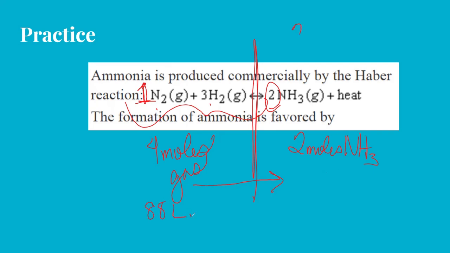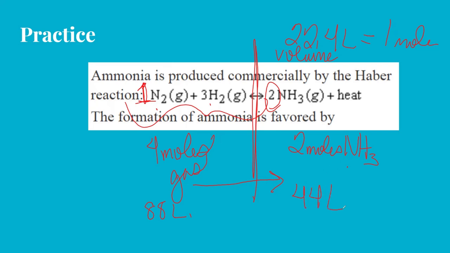So let's write that down because this is important. 22.4 liters of volume is the amount of space that 1 mole of gas occupies. If you can make ammonia, it will take up less space. In this case, it will only take up about 44 liters of space.